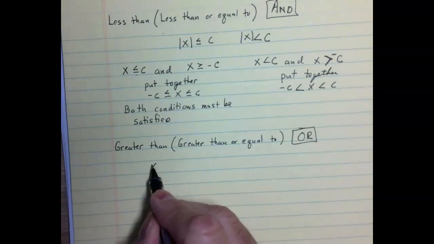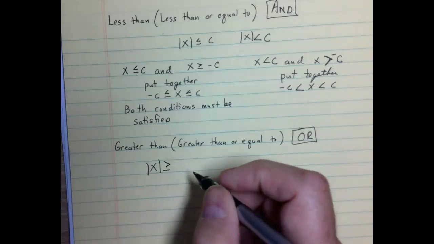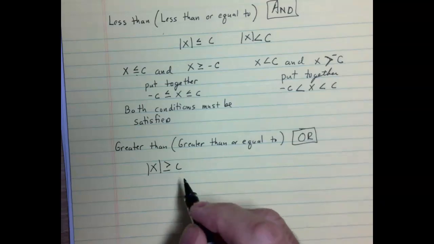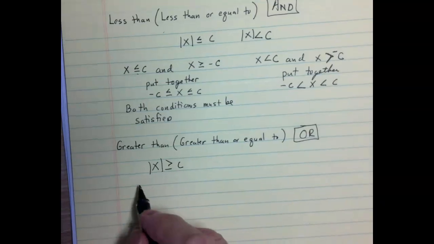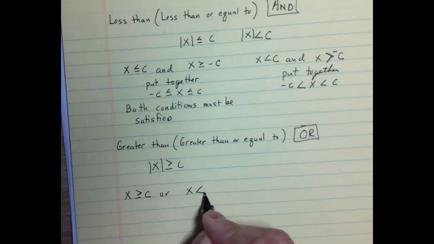Absolute value of x is greater than or equal to C. So when you write your two inequalities, x is greater than or equal to C, or x is less than or equal to negative C.